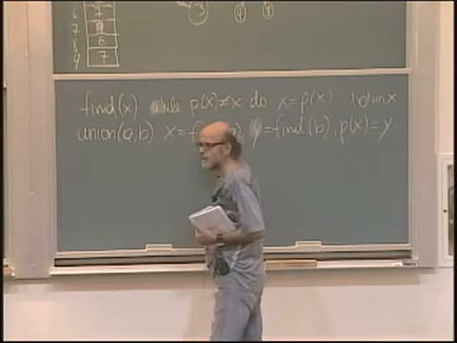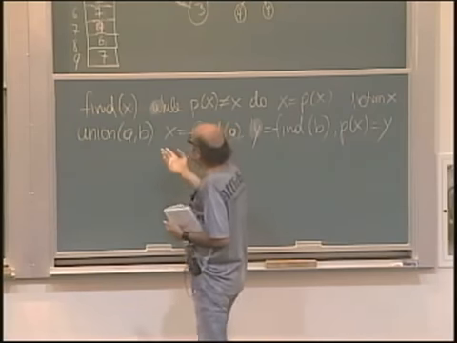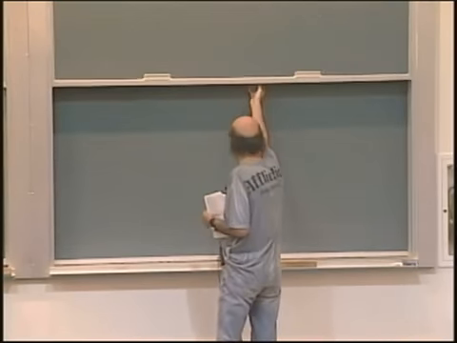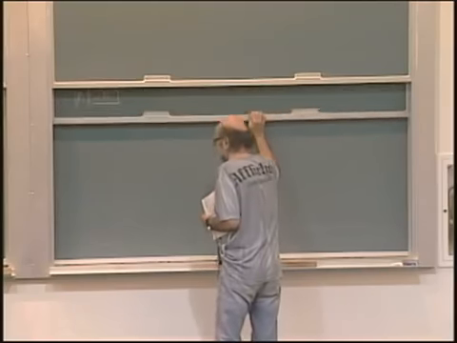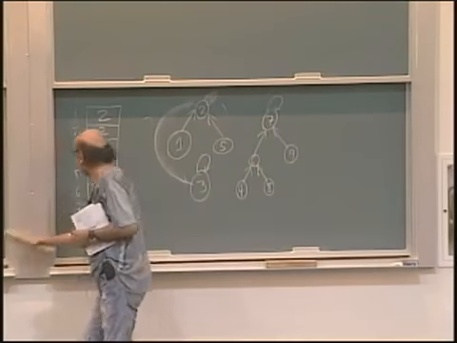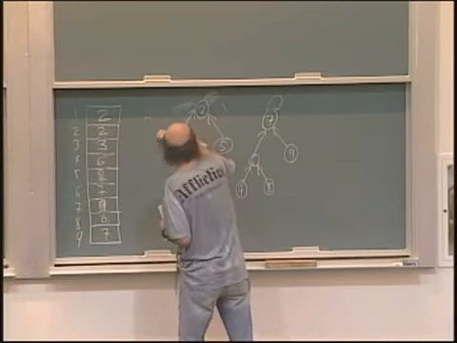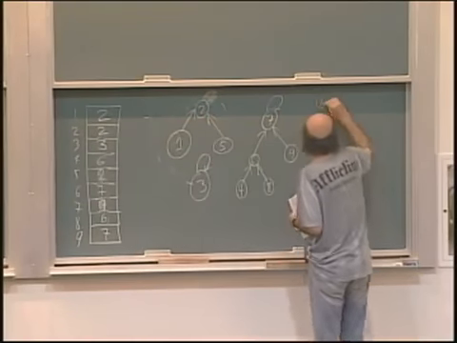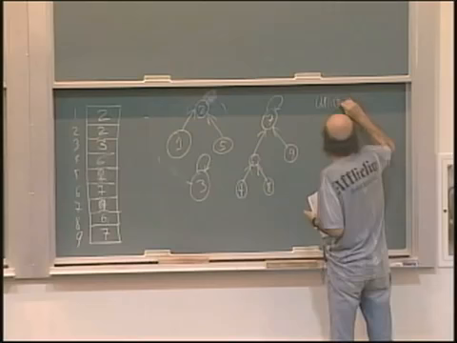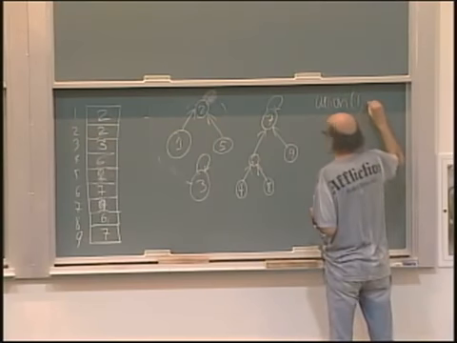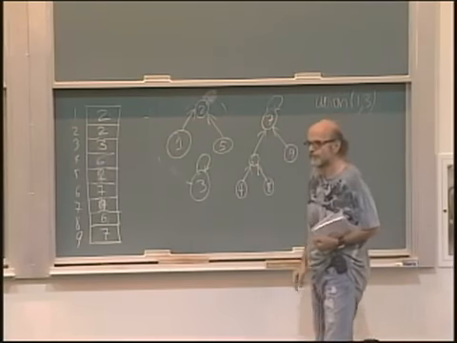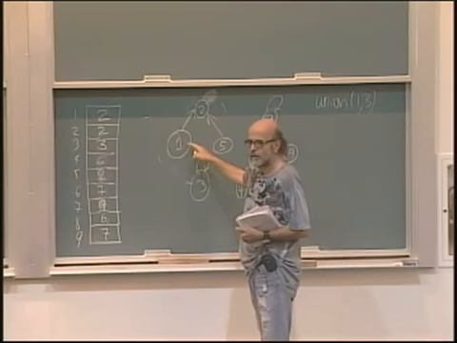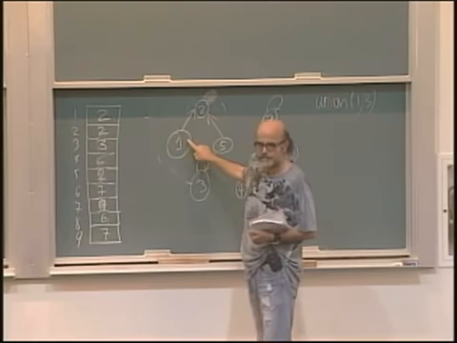This or this? The union. So to find, for example, I had this situation, right? And I wanted to do union of 1 and 3, okay? What is the find of 1?